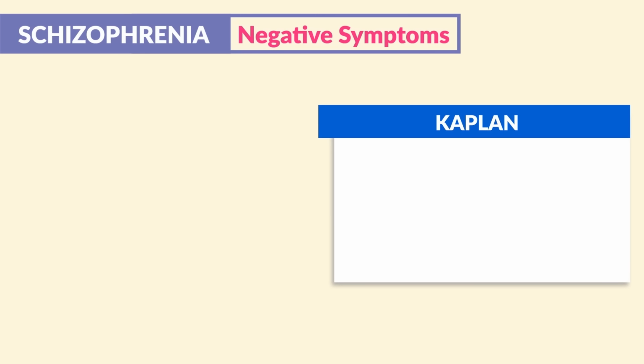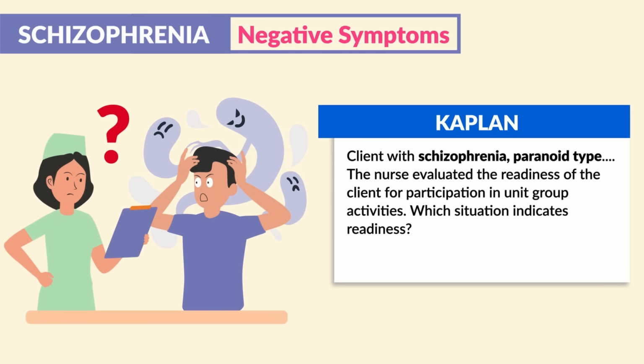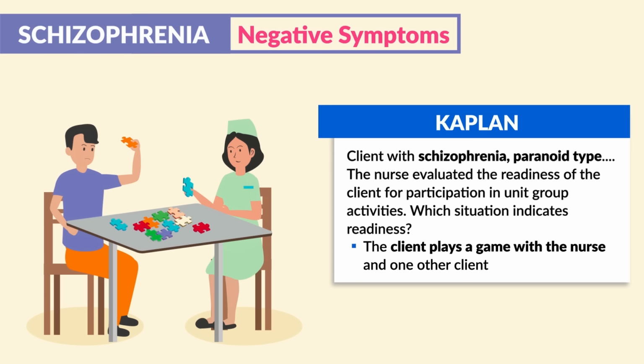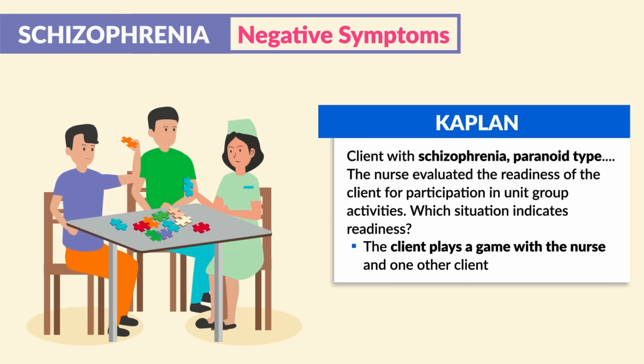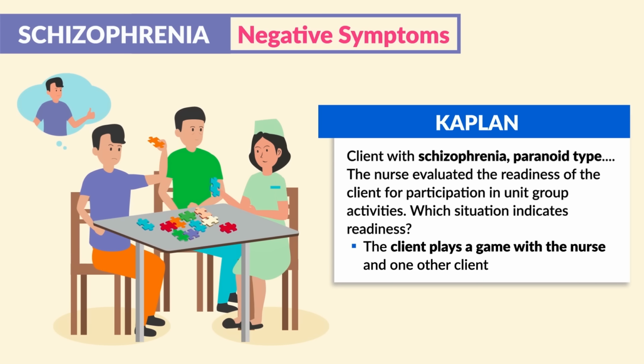And lastly, Kaplan mentions a client with schizophrenia, the paranoid type. The nurse evaluates the readiness of the client for participation in unit group activities. Which situation indicates readiness? The client plays a game with the nurse and one other client. Yes, short, frequent contacts build trust.